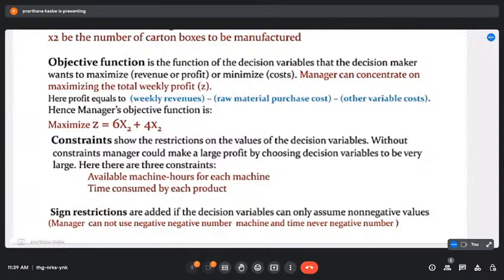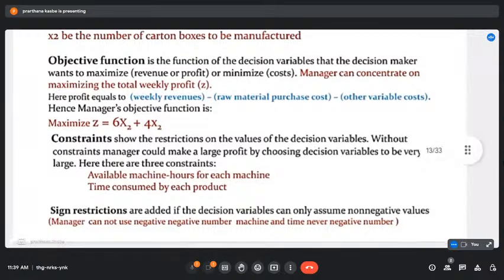Constraints show the restriction on the values of the decision variables. Without constraints, the manager could make a large profit by choosing the decision variables to be very large. Here there are 3 constraints: available machine hours for each machine, and time consumed by each product.